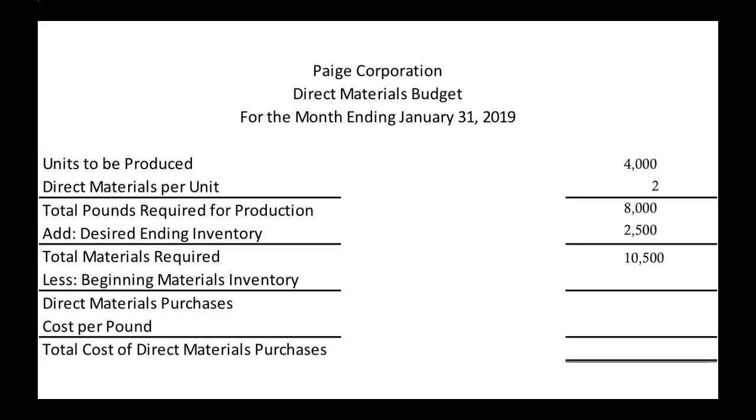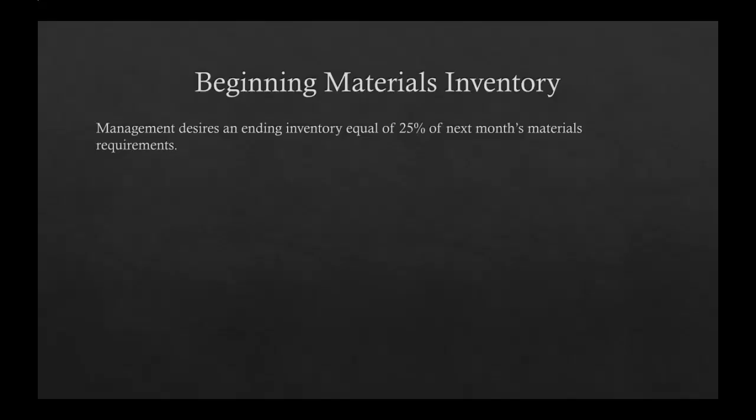Now, we need to subtract out our beginning materials inventory. Well, we're going to have to think a little critically here. Management wants an ending inventory equal to 25% of next month's materials requirements, right? So January's beginning inventory is December's ending inventory. So we need to be thinking of what December was supposed to end with.